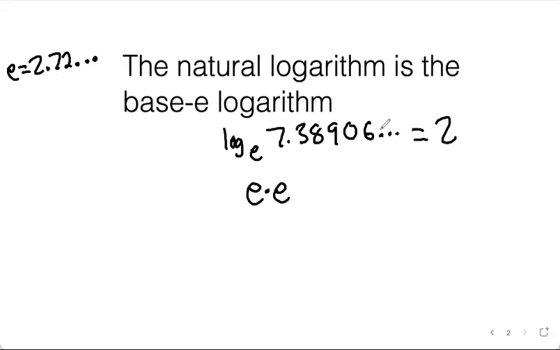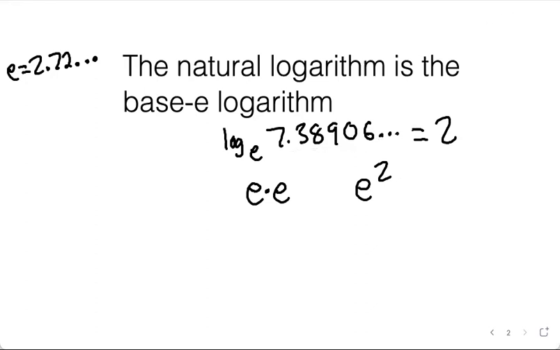Here's the second way of thinking about it. E to what power is 7.38906? Well, didn't we just say e squared is the long number, right?